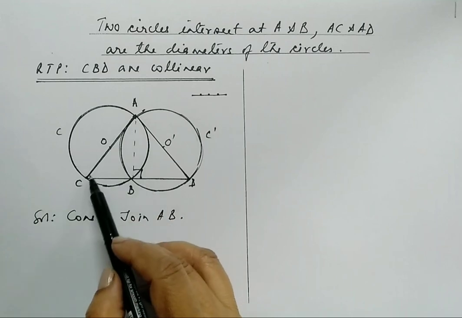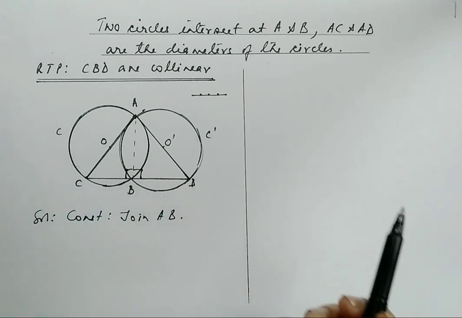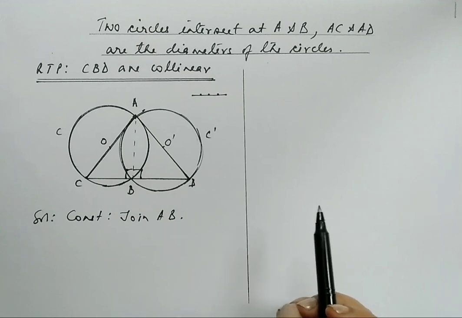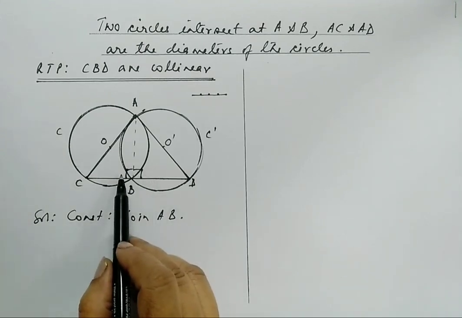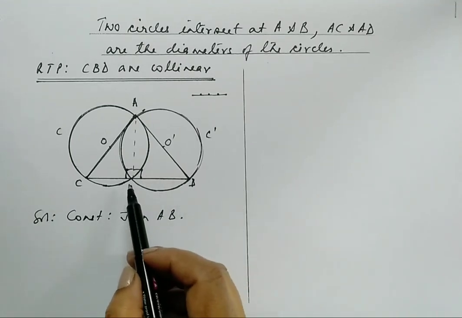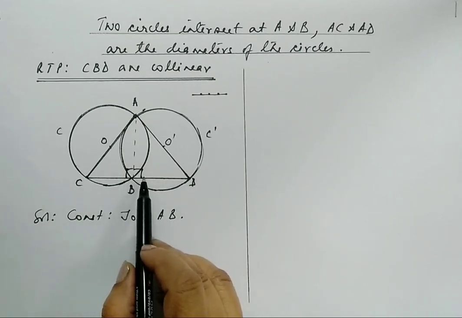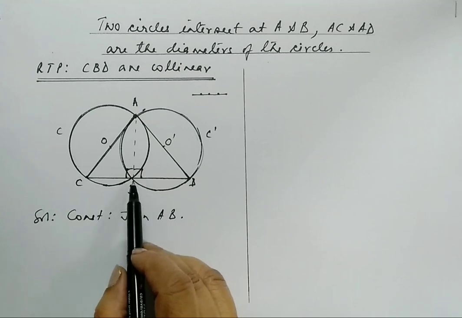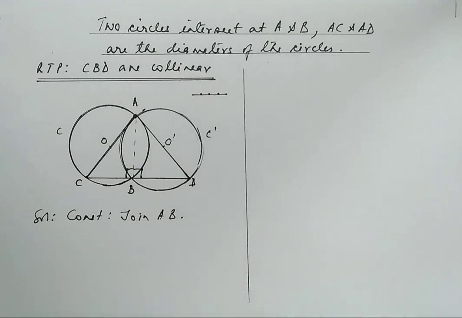So AC, the diameter, subtends 90 degrees at point B. Now I'm going to give you the details. This was a verbal explanation. Since we have 90 degrees here and 90 degrees here, they sum up to 180 degrees, and you cannot think of a line that will not be straight if it has an angle of 180 degrees at any point on it. So should we go ahead? So let's go ahead.